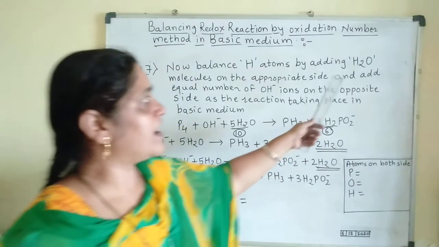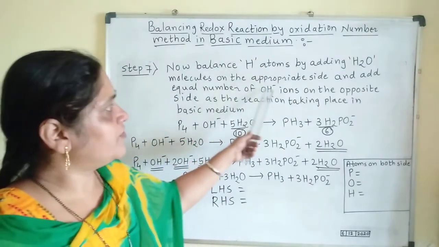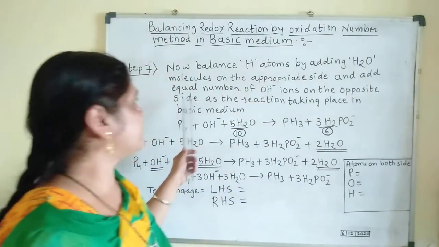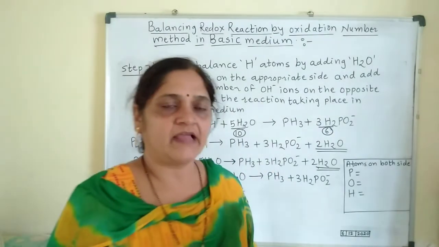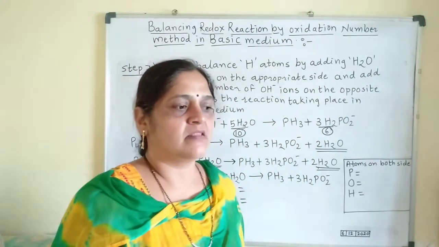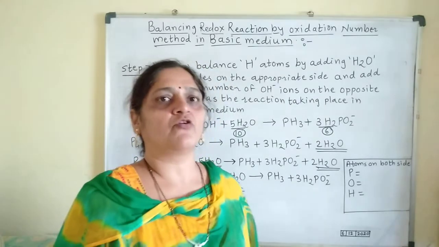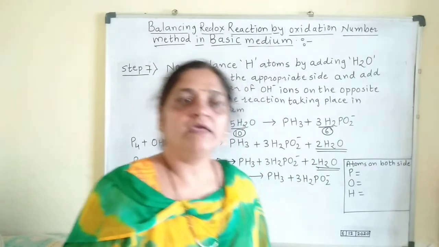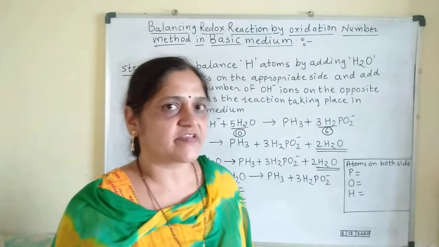That side we have to add water molecules and add equal number of OH minus ions on the opposite side, as the reaction is taking place in basic medium. If the reaction is taking place in basic medium, then add equal number of OH minus. How many water molecules have you added? Equal number of OH minus ions you have to add to the opposite side.